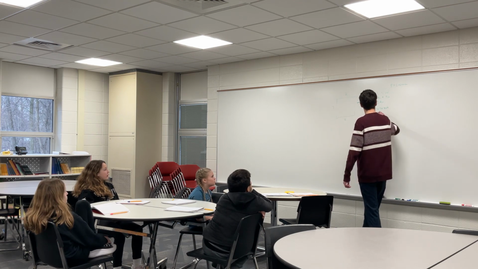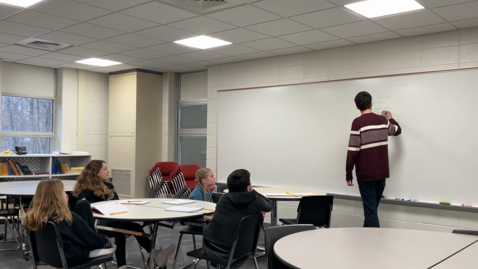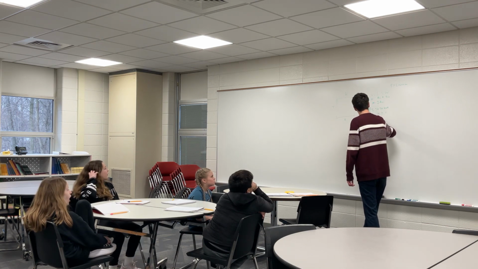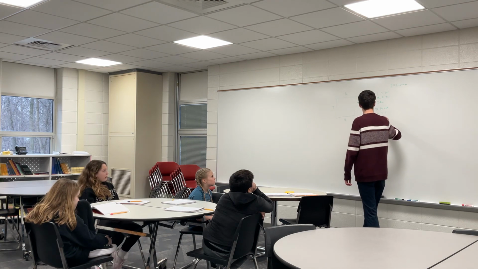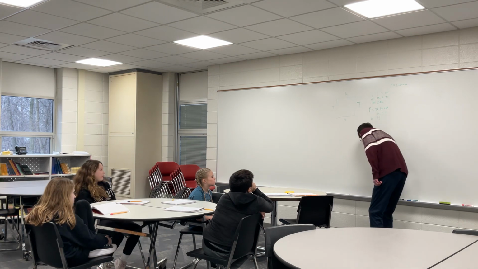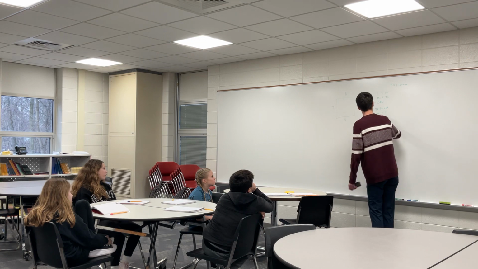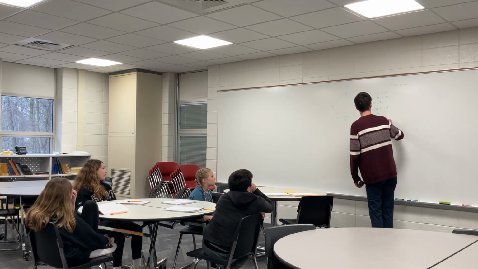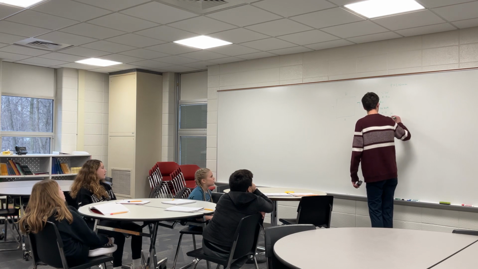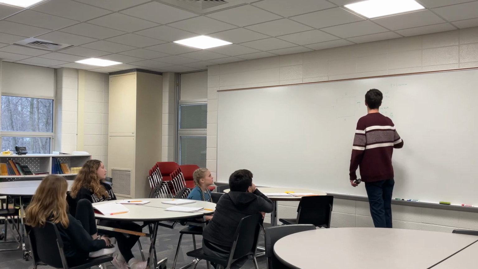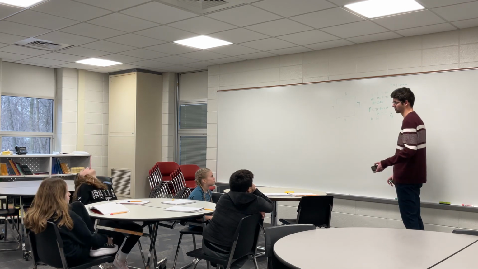So that's 14 plus 8, and that would equal, I think 32. Actually, I think I messed that up. 14 plus 8 would be 22. Do you see how I got that?